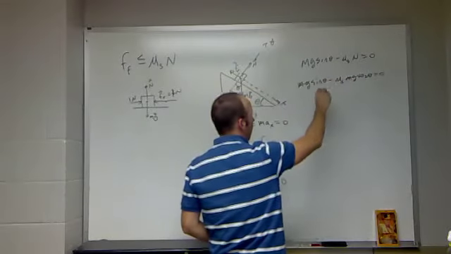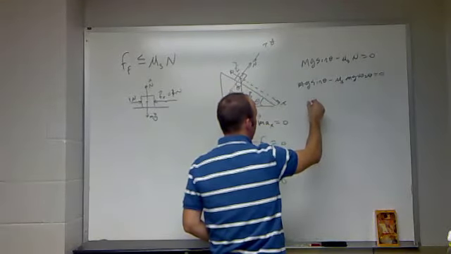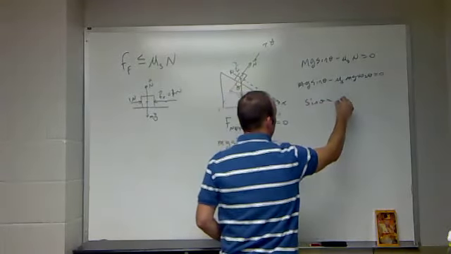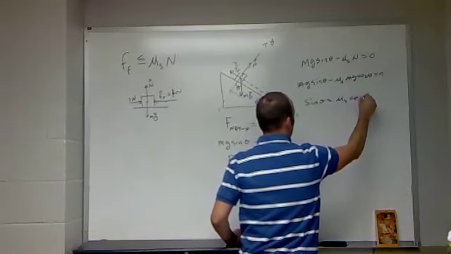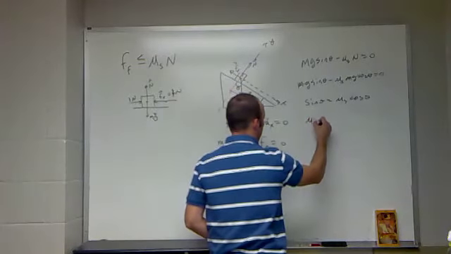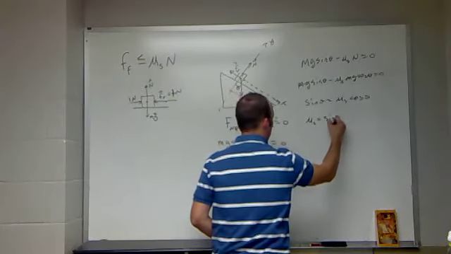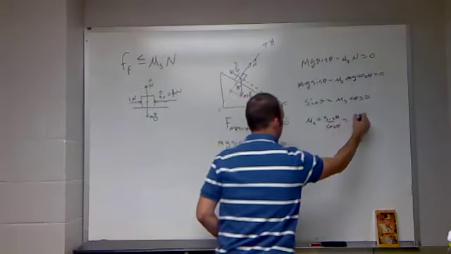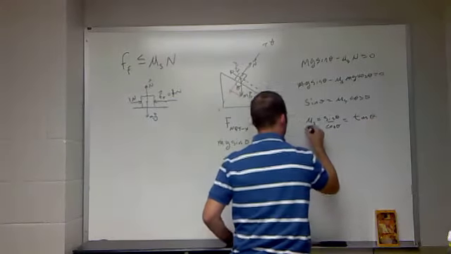And I can add mu s cosine theta to both sides, and I get sine theta equals mu s cosine theta. And then I can divide both sides by cosine theta, and I get mu s equals sine theta over cosine theta equals tangent theta.